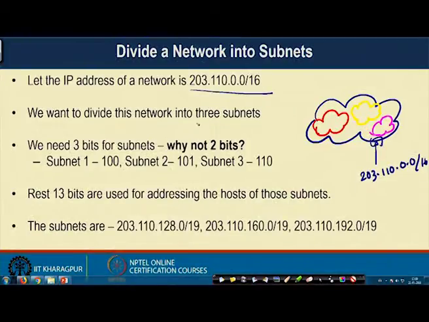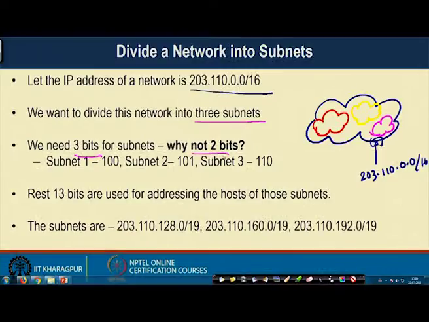The first question is how many bits you require to have 3 subnets. To create 3 subnets, we require 3 bits and not 2 bits. Why not 2 bits? Because we want to avoid all zeros and all ones in the subnet addressing field.